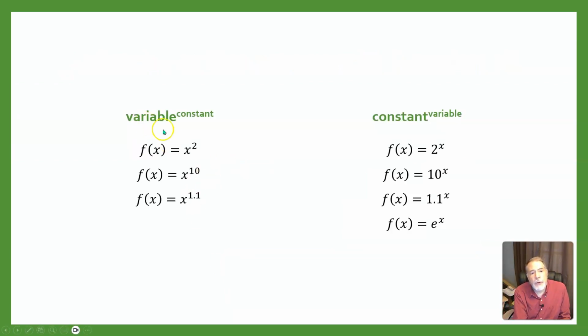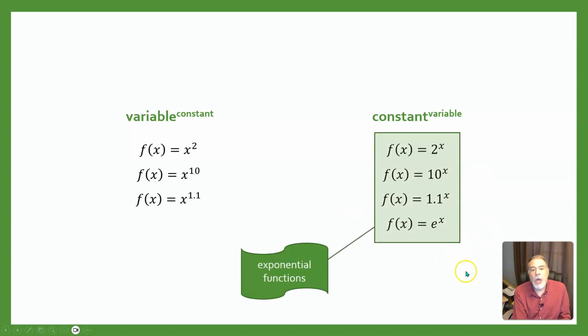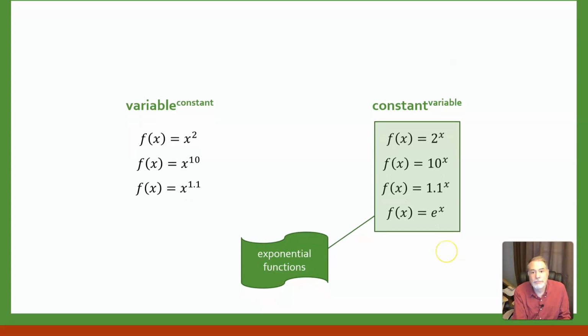So when you have a variable to a constant power, like x squared or x to the 10 or x to the 1.1, that's a completely different kind of function than when you have a constant to a variable power, like 2 to the x or 10 to the x or 1.1 to the x, or like what we have here, e to the x. So these are exponential functions. Exponential functions are where the variable is the exponent. It's the power that some number, some constant, is being raised to.